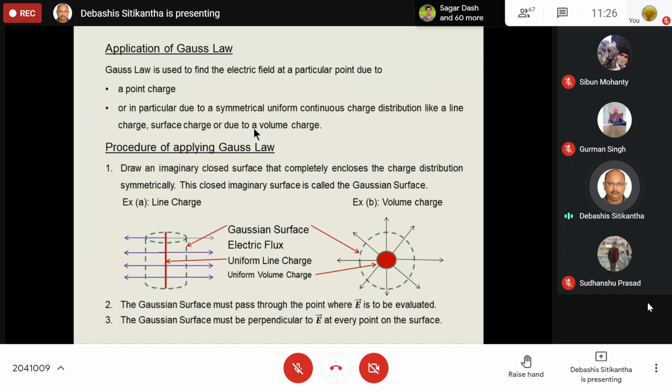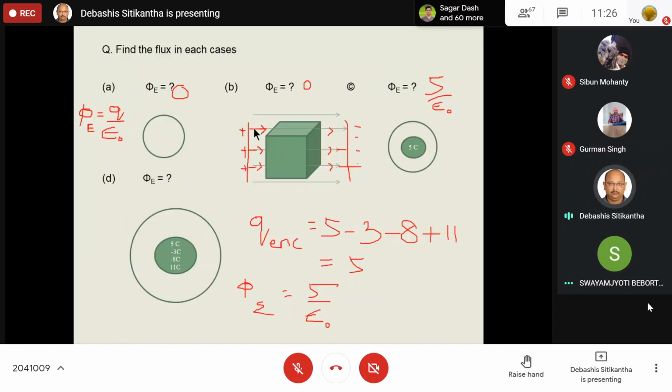Now let us move on to the another doubt. Okay, sure, why not? Sir, for charges placed in a straight line, the Gaussian surface is made cylindrical, right, sir? Then the charge at the uppermost point and the lowermost... Okay, I got it.